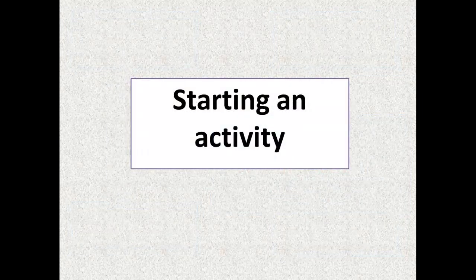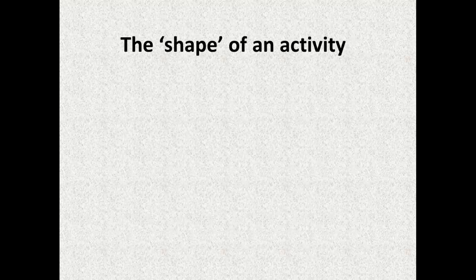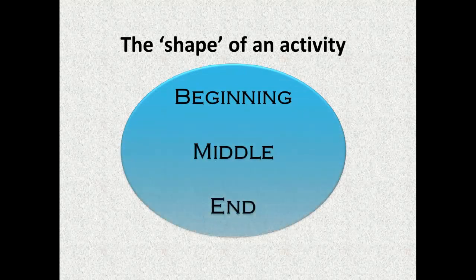Starting an activity, when you're starting something, it's really important to be prepared. Make sure you've really thought about what you're going to do, how you're going to set it up. It's worth really planning this well. And it's also worth thinking about the shape of an activity. I think all activities have to have a beginning, a middle and an end.